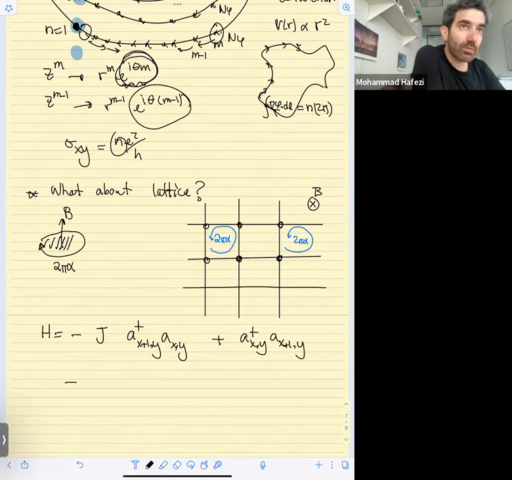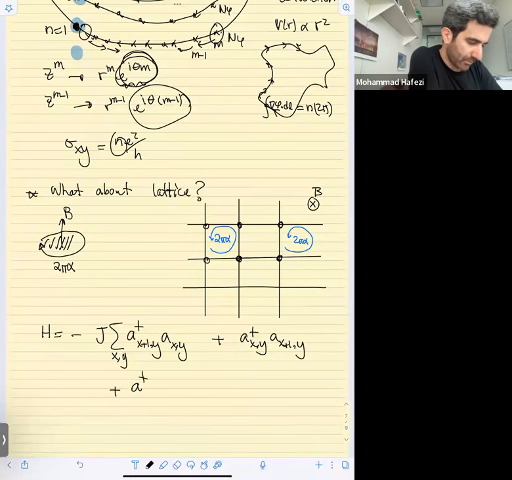Plus A dagger hopping along the Y direction, A X, Y plus complex conjugate.